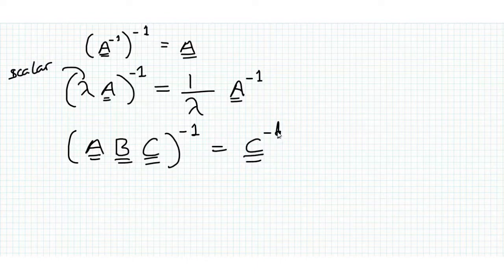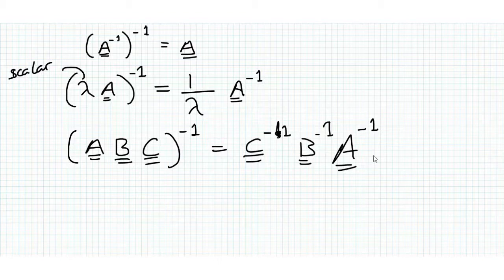Sorry, should be a minus 1. Yeah, C inverse, B inverse, A inverse. But the important thing here is the order of the inverses. So A, B, C multiplied together, take the inverse, is equal to C inverse times B inverse times A inverse.